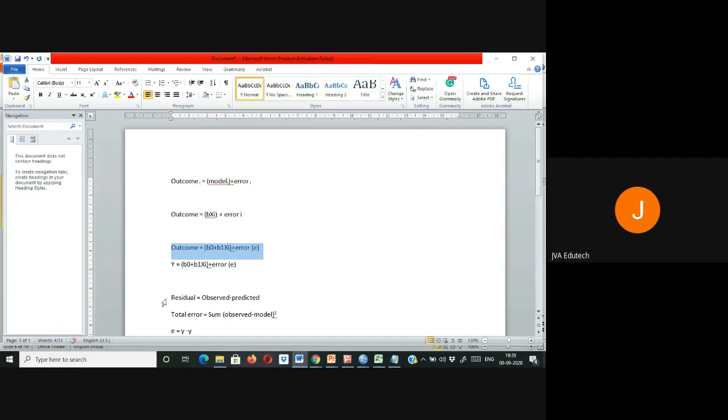It will be b0 plus b1 x plus error, where error is equal to total error, which is the summation of the observed minus the predicted value or the model, square. So this will serve as your error term, whereas residual will be only between two data points. Now let's do one regression and see how much this model can.